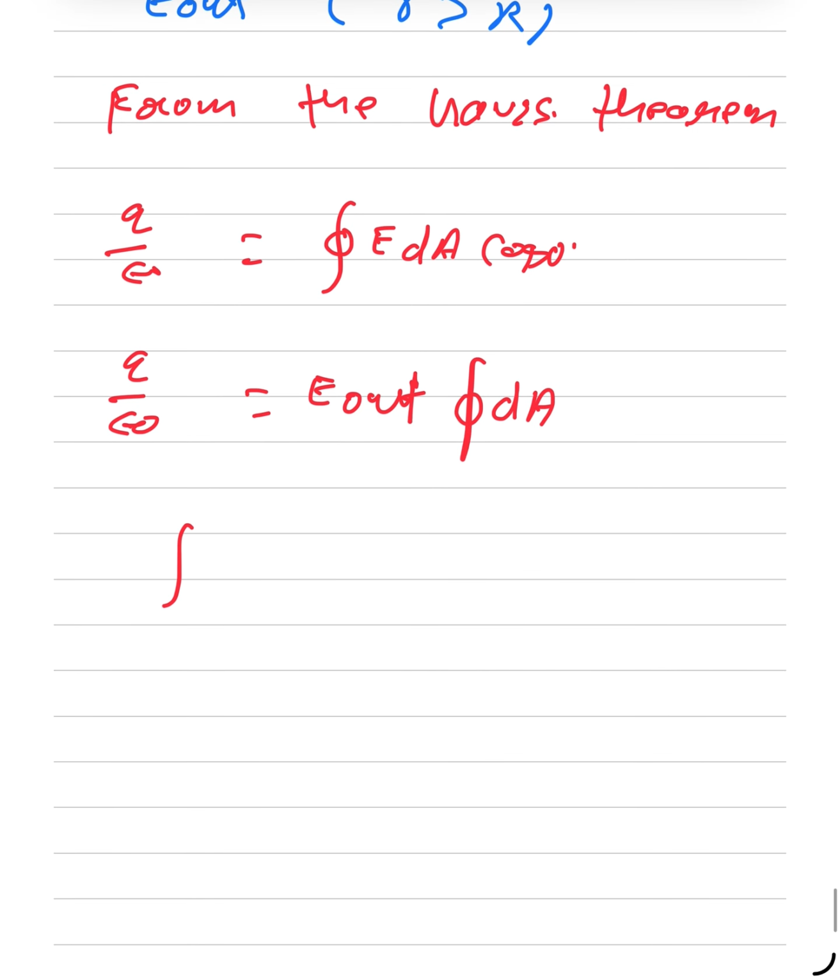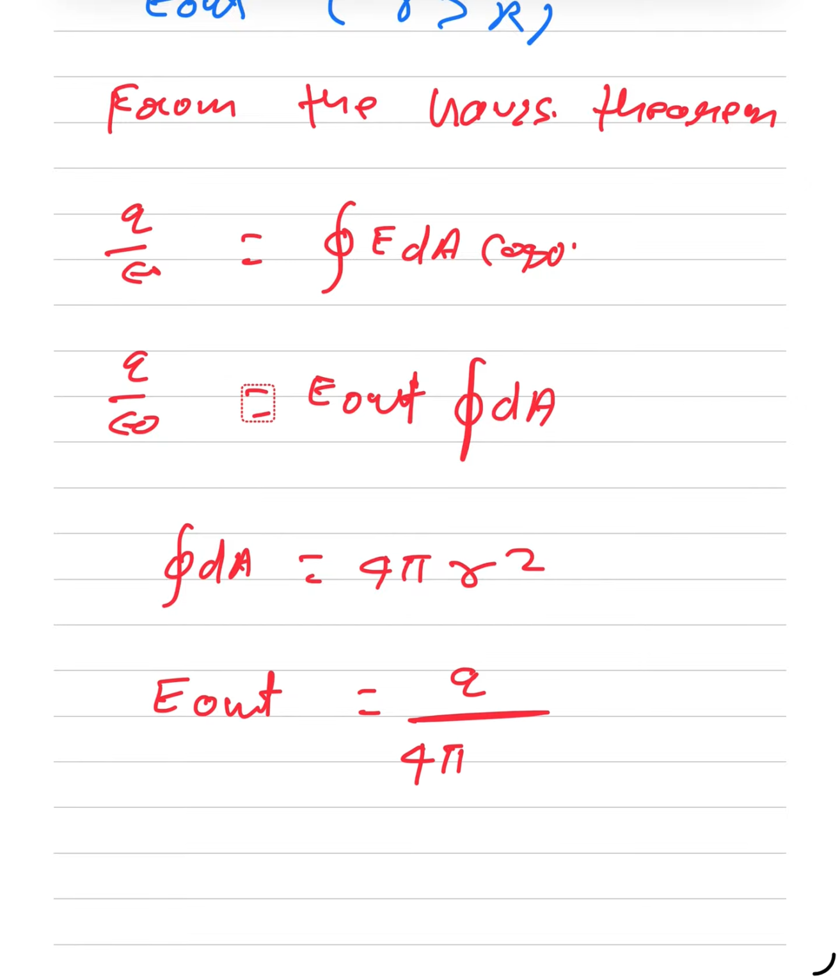The integration of dA equals 4 pi r square, and the value of E out equals Q divided by 4 pi epsilon naught r square.